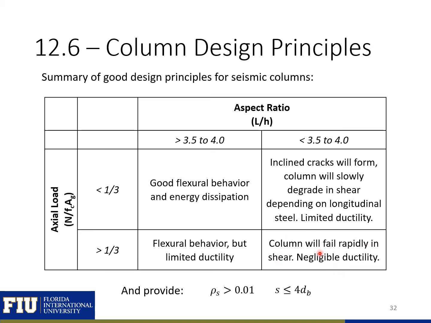So we want to avoid this cell here, and we want to shoot for a column with an aspect ratio greater than 3.5 to 4 and an axial load less than balance. And we also want to make sure that we provide sufficient transverse reinforcement. So have a rho s greater than 0.01 and a spacing less than or equal to 4 times db.